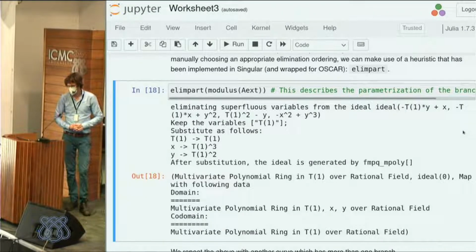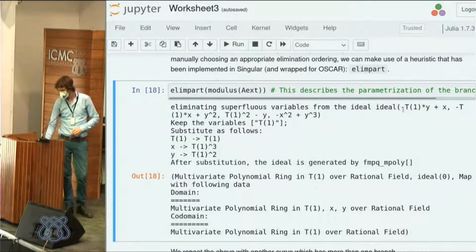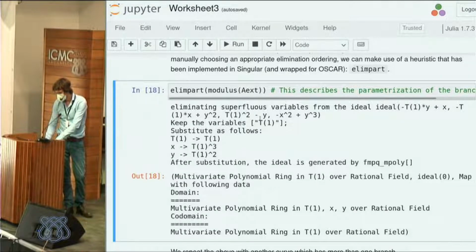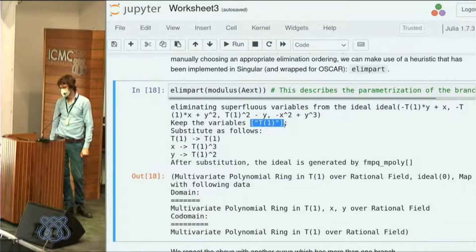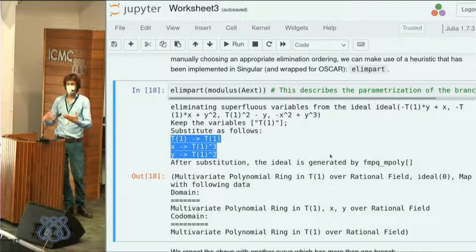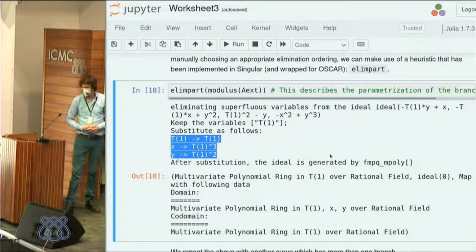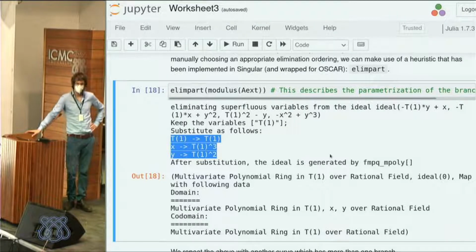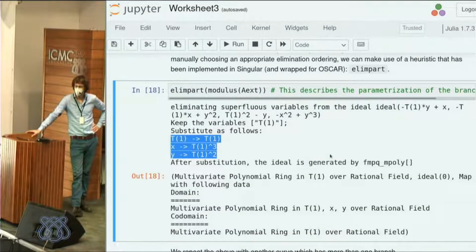So what does elimpart tell us? It tells us if you have this ideal that we put in here, then we can reduce everything to one variable, T1, and everything else can be substituted like that. And please note that this elimpart looks for the smallest sensible way to embed it by looking for linear substitutions that you have in the ideal.